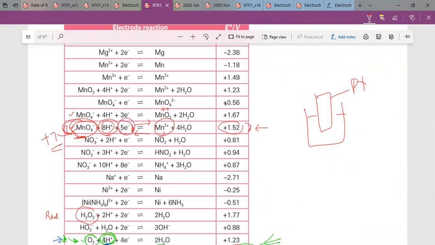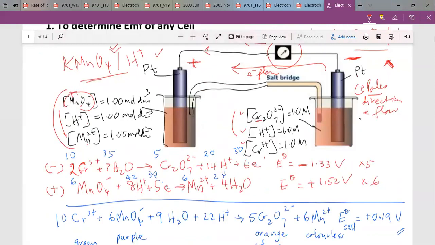So whose electrons are these? Your good friends, Cr3 plus electrons. So this means it's going forward here. I will repeat this whole thing by going forward, and it's going to be positive 1.52.